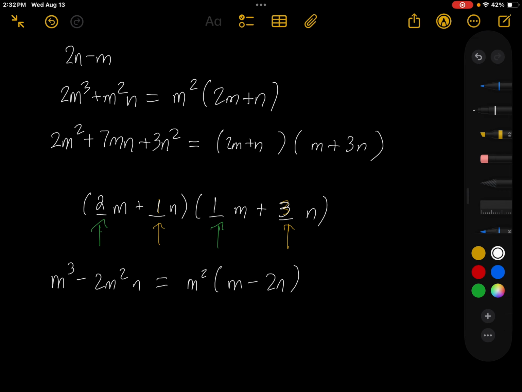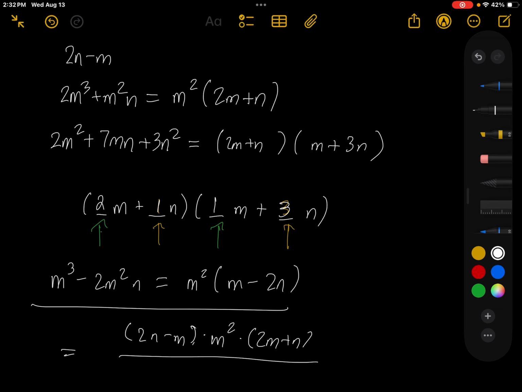So let's write this all out. The original thing is equal to 2n minus m times m squared times 2m plus n all over 2m plus n times m plus 3n.